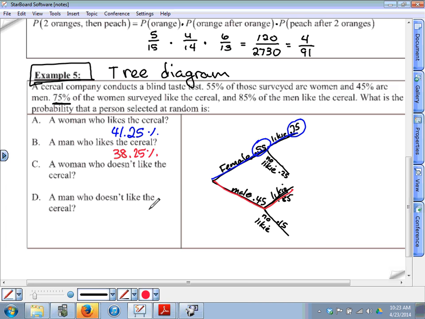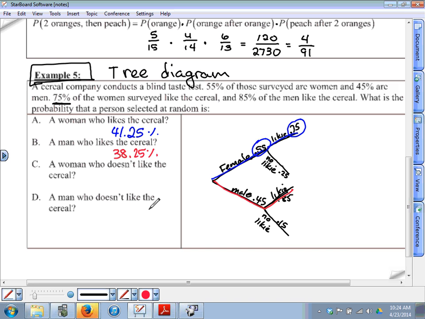Now I want you guys to listen carefully and answer this question. How come you have less of a chance of choosing a man who liked the cereal versus a woman who liked the cereal? Why are those different? There's less men to choose from. So first of all, the chance of choosing a man is less, so it makes sense that it has a smaller probability.